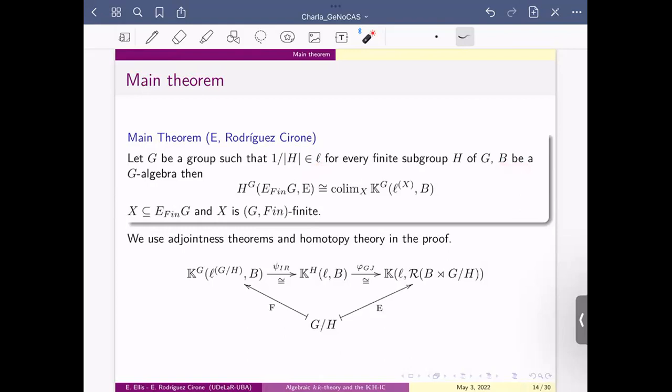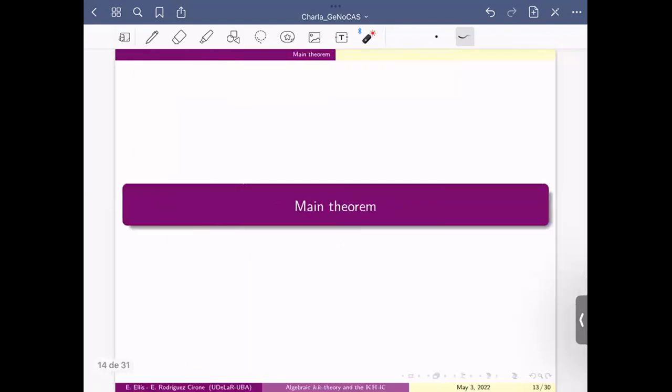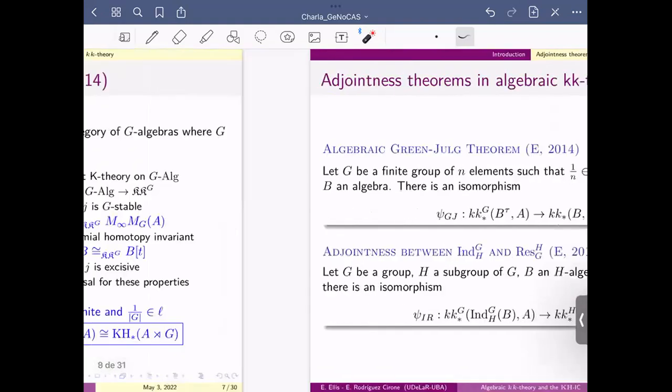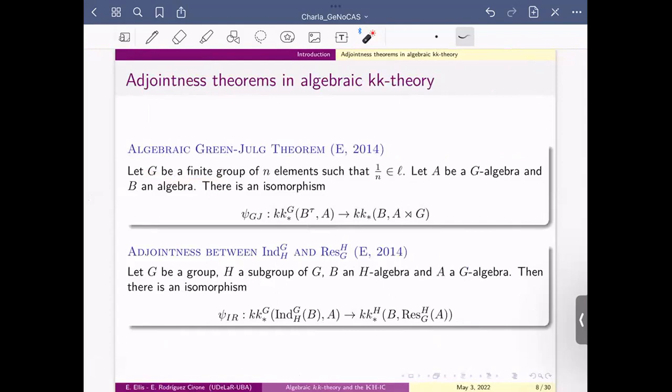Wait. Barshi is asking whether on this slide G is an arbitrary infinite group. And I think the answer is yes. Sorry, I didn't see that. In general, the Green-Julg theorem for KK holds when G is finite and the order is invertible in the ground ring.